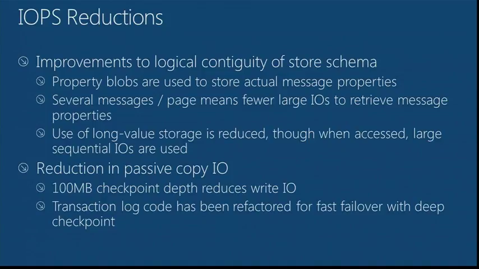So that means now we get very, very fast failover, even with a large checkpoint depth. I'll go into even more detail in the HA session as to how we achieve that, but that's a big savings. The result is basically the passive copy is now 50% of the IOPS of the active copy. So right there is a 50% reduction in IOPS over Exchange 2010.